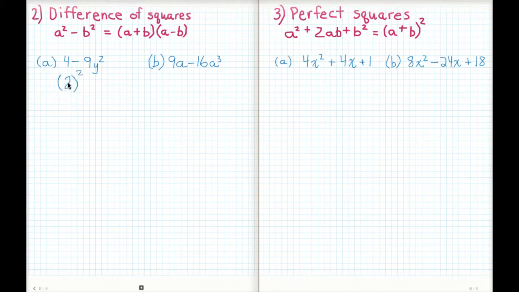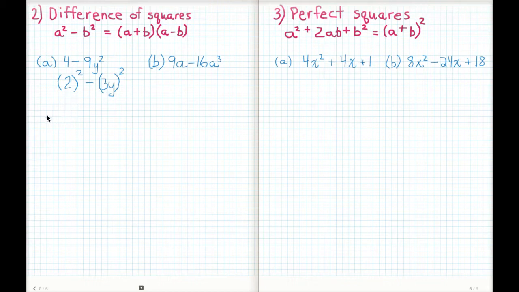So put the thing that is being squared in brackets just to make it really easy to see. And on this side, is there something that's squared that can go inside the brackets? From the 9, we could put a 3. And from y squared, we can put a y.